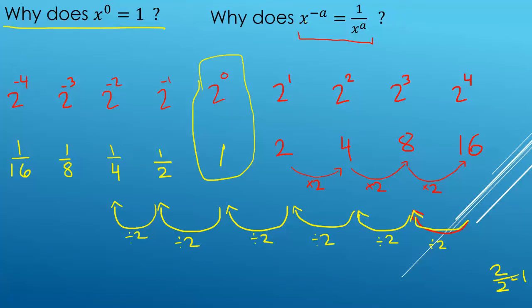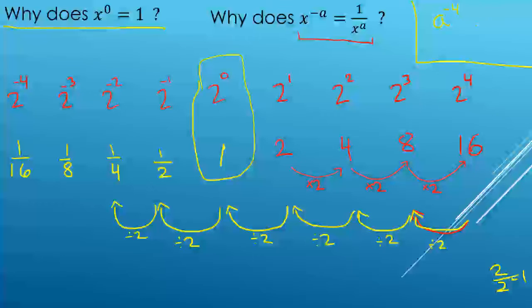And the negative exponents, that's why it flips and changes positions. Quick example: if we had a to the negative 4, it's flipping, but really what's happening is we're dividing by a 4 times.